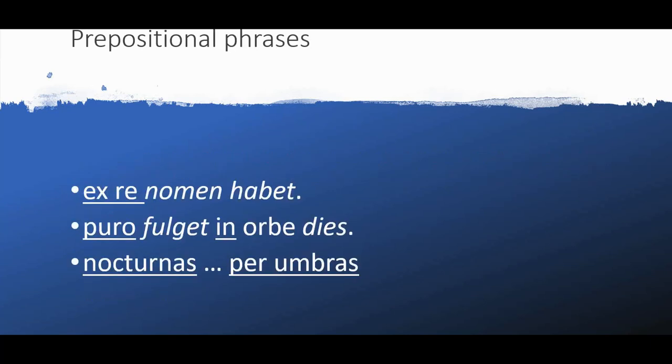There are certain prepositional phrases. Prepositions here are like ex in the first example, in in the second example, and per in the third example there. Now these words normally go at the start of the things that they describe, but in the second and third bullet points they go in the middle, which is quite apt really, because in the second example it says in her clear eyes.